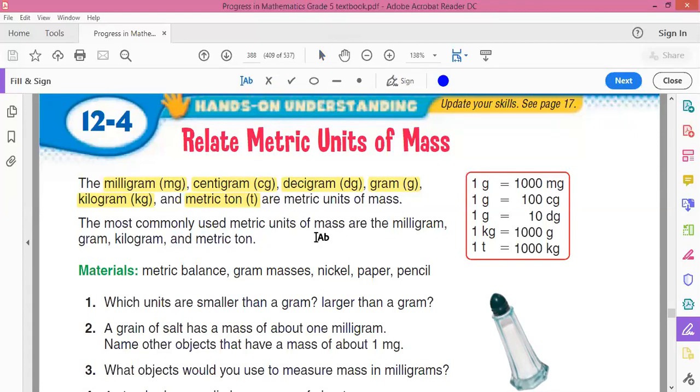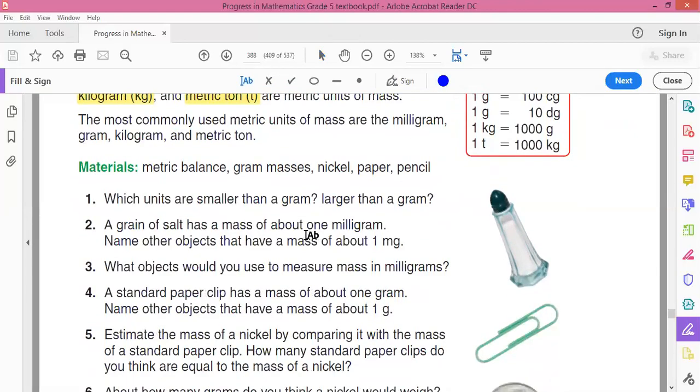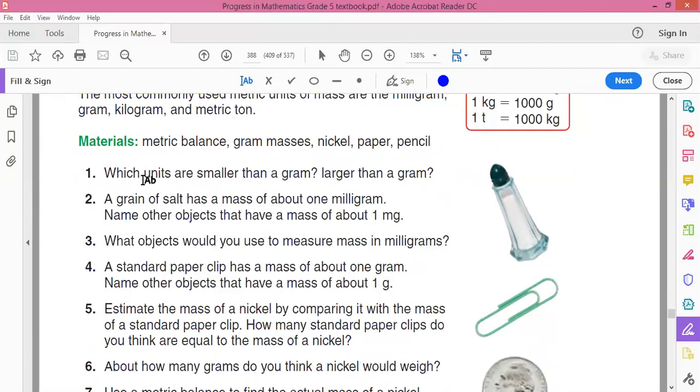First of all, Ahmed, you will tell me question number 1. Which units are smaller than grams? Smaller than gram is milligram, centigram, and decigram. Yes, very good. mg, cg, and then dg.